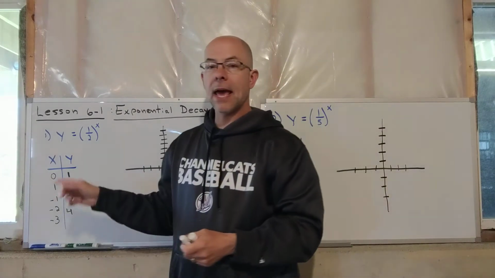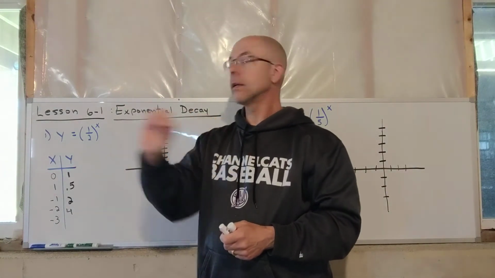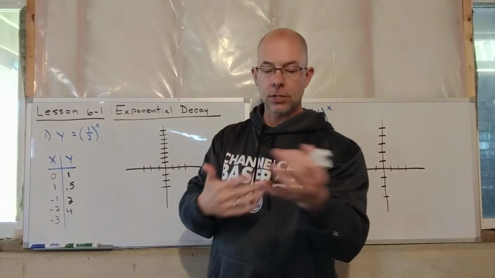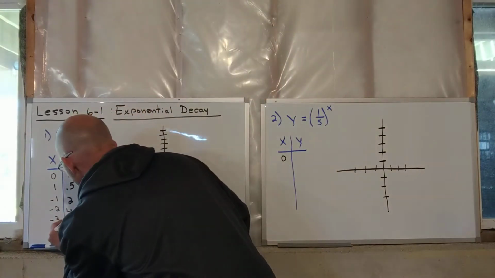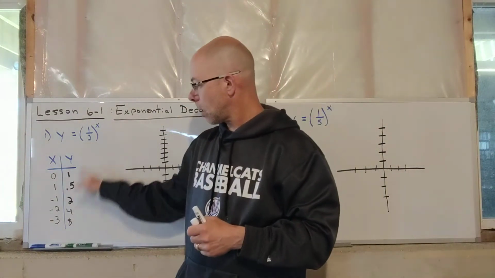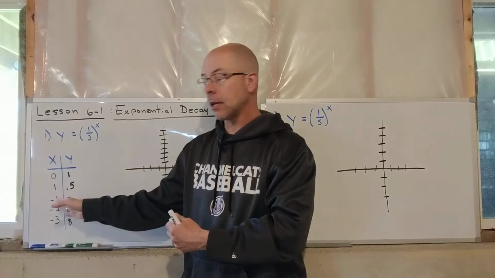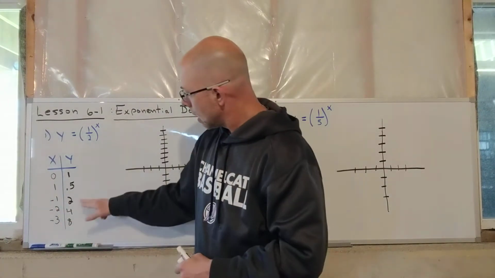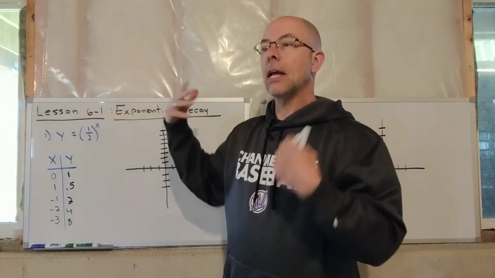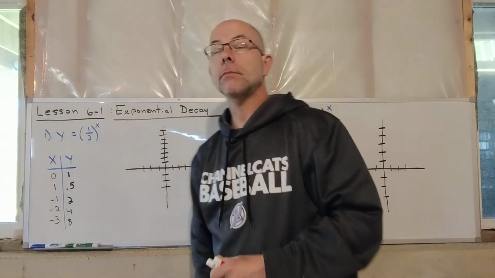If you did 1/2 to the negative third, it would be 2 to the positive 3, which is 8. So this is why if you had a calculator in your hand and did 1/2 to the -1, 1/2 to the -2, 1/2 to the -3, you get the numbers 2, 4, and 8, because it's taking the reciprocal and changing the exponent to positive.